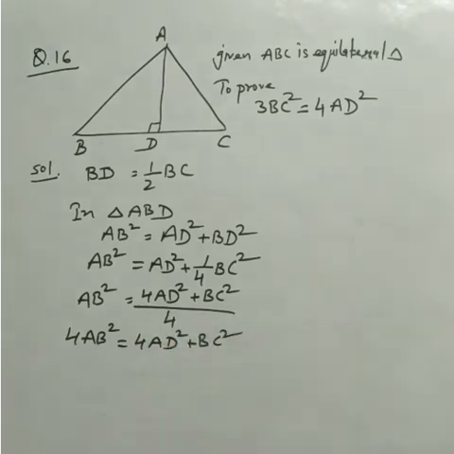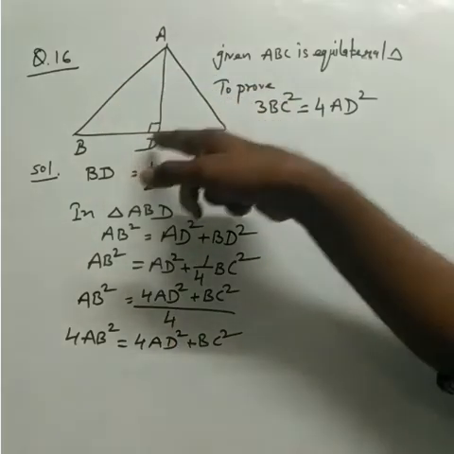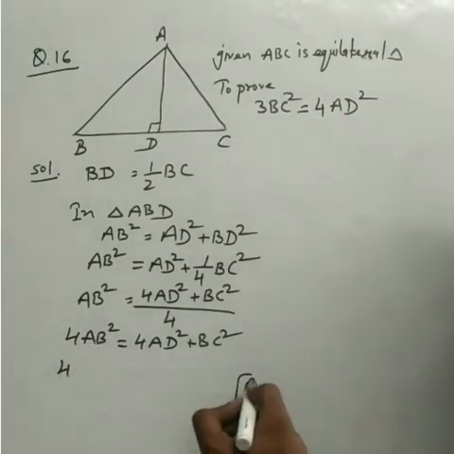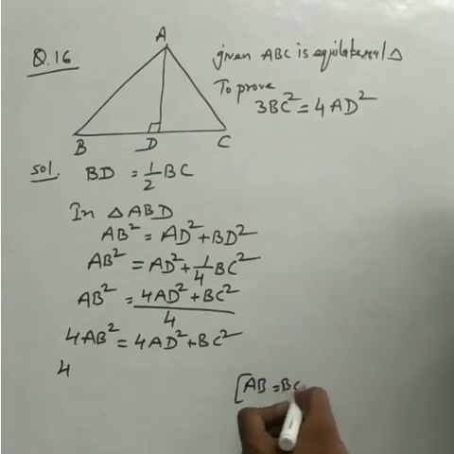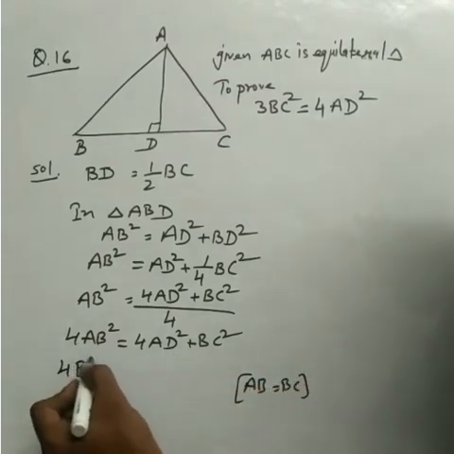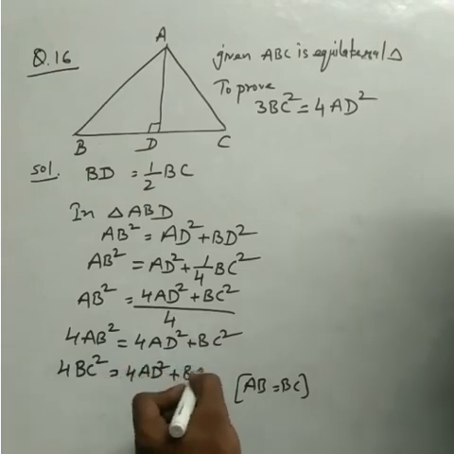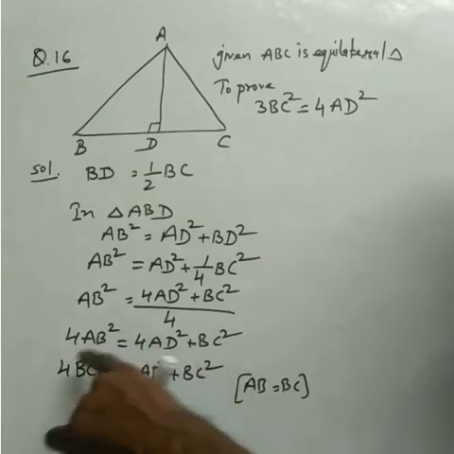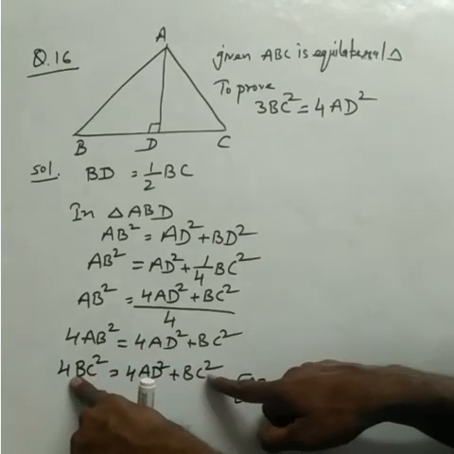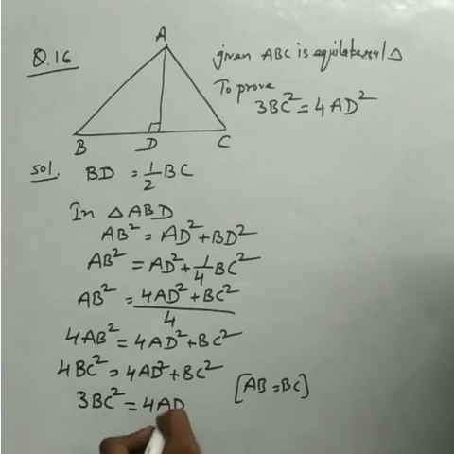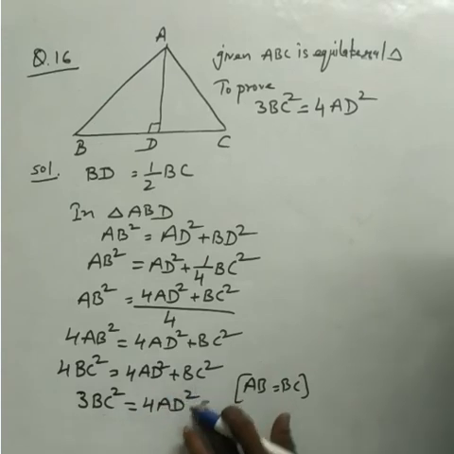Since it is an equilateral triangle, all three sides are equal. So we can replace this AB by BC. 4BC square equals 4AD square plus BC square. Shift this BC square on this side. 4 minus 1 will be 3. 3BC square equals 4AD square. Hence proved. This question is proved here.